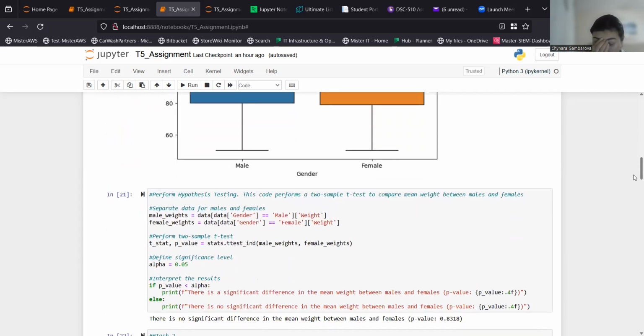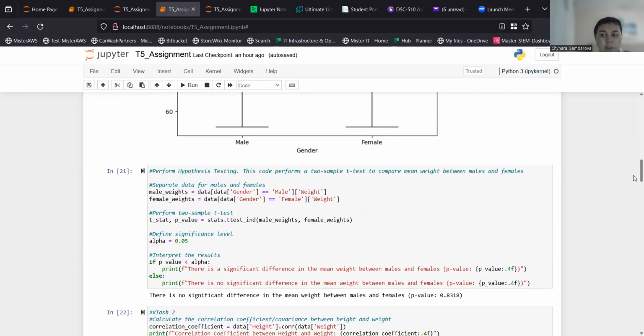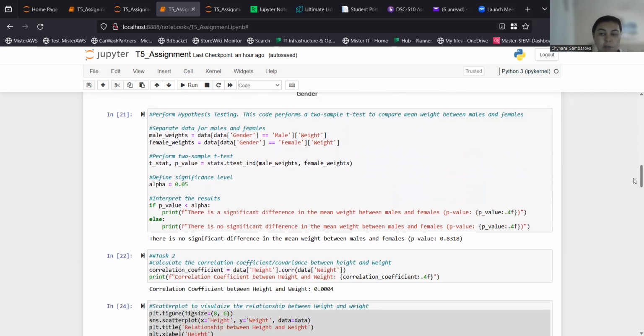And the second way, I tried to perform a 2 sample t-test and calculate the difference between means. And as you can see here, the p-value is 0.8, which means there is no significant difference in the mean weight between males and females.